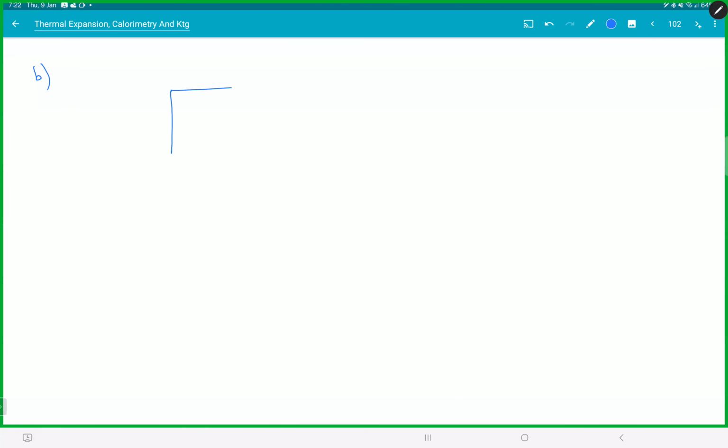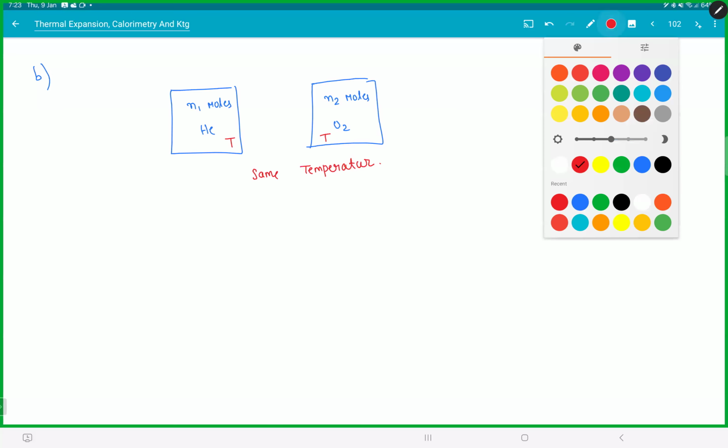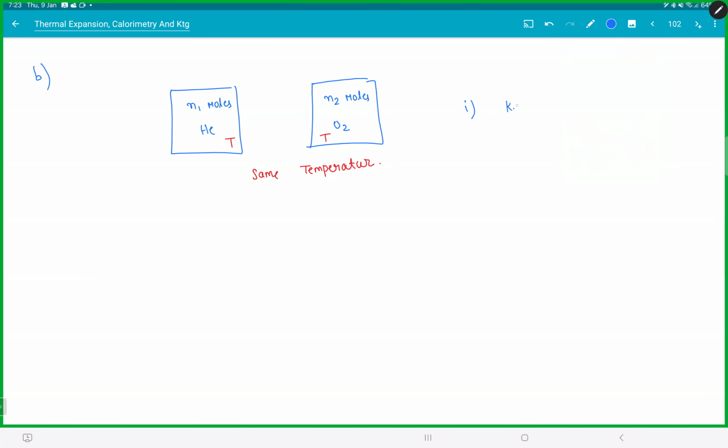I'll just change a small thing. Again, we have N1 moles of helium and N2 moles of oxygen. This time they have the same temperature. So find the kinetic energy of helium by the kinetic energy of oxygen. Then find the kinetic energy of a helium molecule by the kinetic energy of an oxygen molecule.